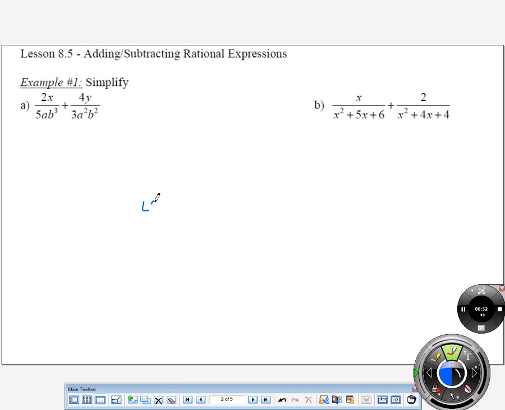What do you guys think will be the proper choice for our least common denominator if we want to add together those two fractions with their current denominators? Stephanie? 15a squared, b to the 6th. Okay, do we agree? B to the 3rd.